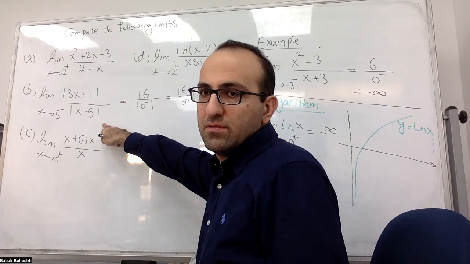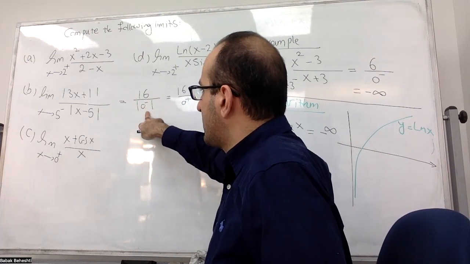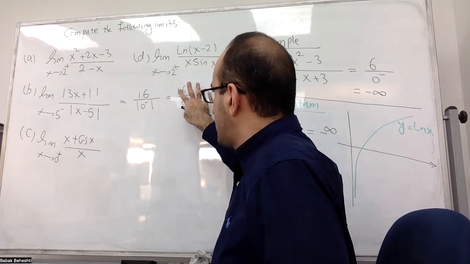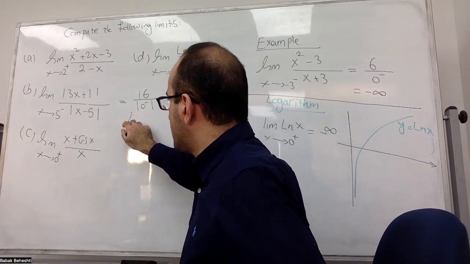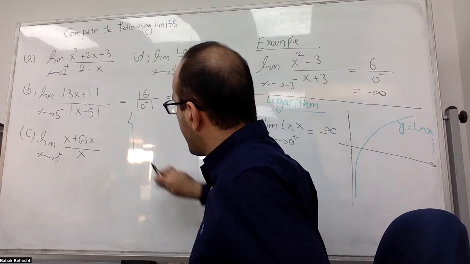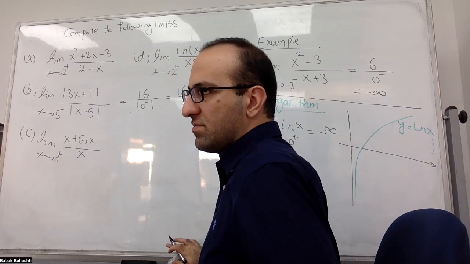So on the top, I have 16 over absolute value of 0 minus. One way is just saying that it's 16 over 0 plus. Another way is we can say that because x goes to 5 minus, x is less than 5, right?